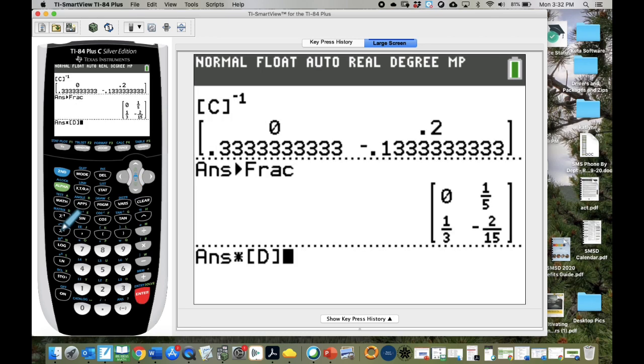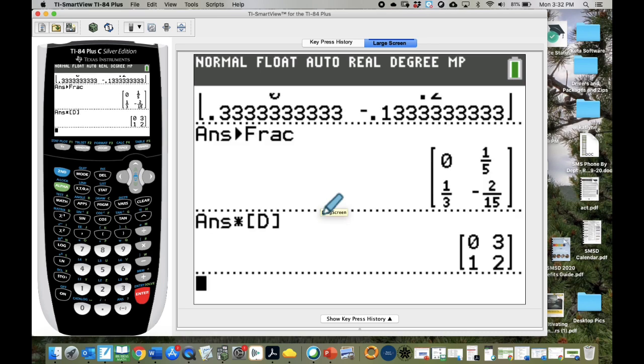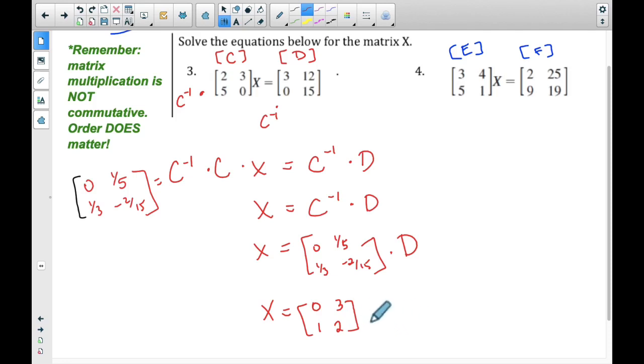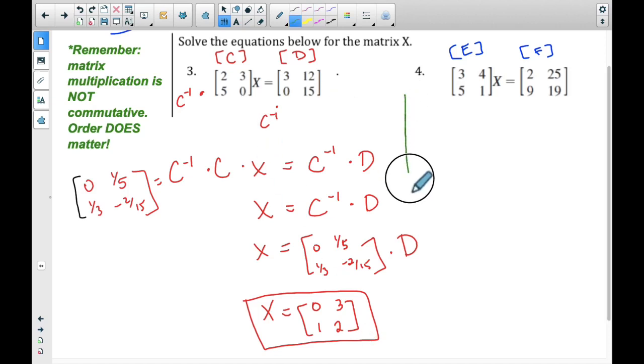Now I have this matrix being multiplied by matrix d, and I hit enter, and I get the answer 0, 3, 1, 2. And so that is what matrix X would be. I can double check that. I can take this matrix and multiply it times C, and I should come up with 3, 12, 0, 15.